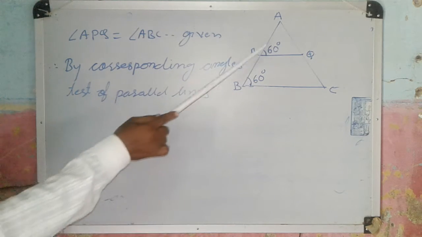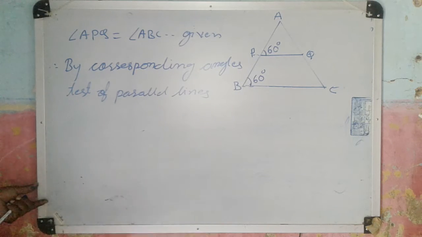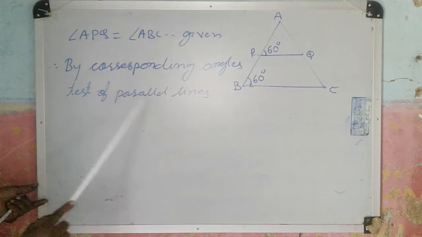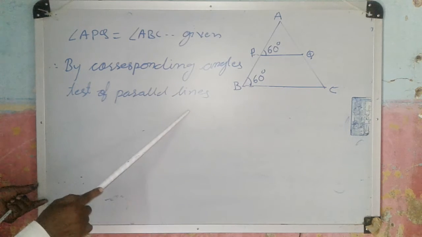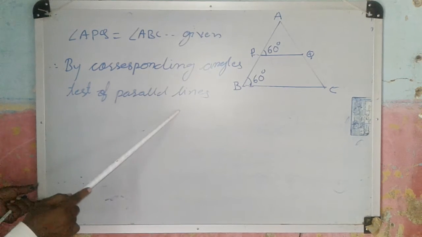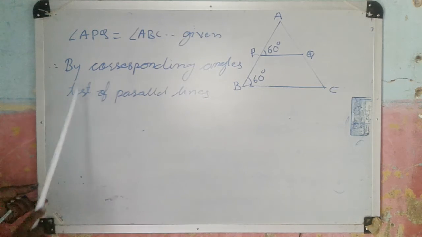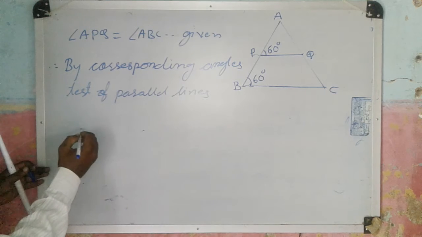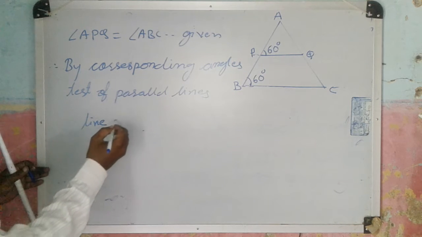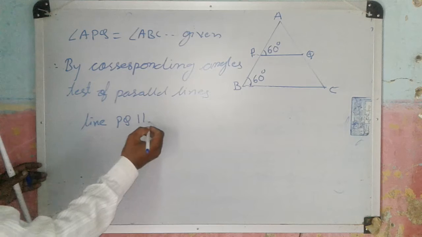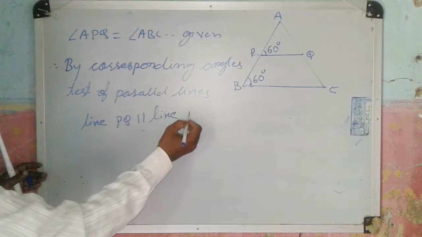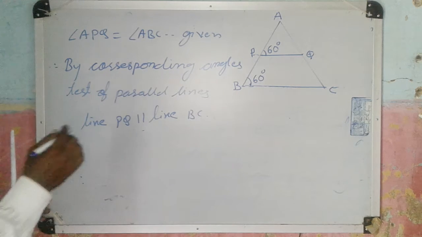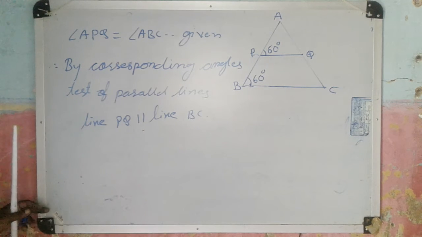So, these two corresponding angles are congruent. Therefore, by corresponding angles test of parallel lines, this test we have studied in 9th standard, we have line PQ parallel line BC. That means PQ parallel BC.